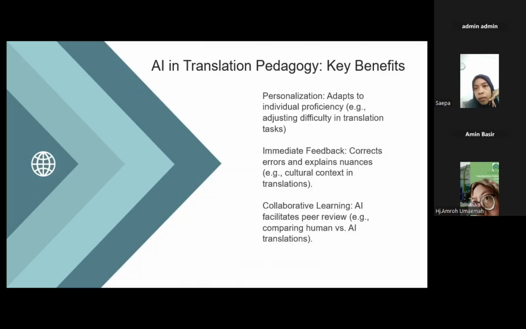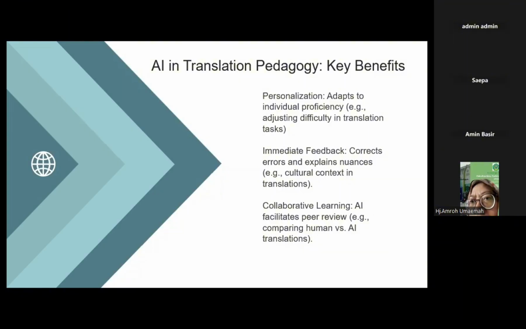Another example of a word, I've mentioned this before, is concrete. Concrete can mean real and wall. So you have to know what we are going to translate. Like if we're talking about concrete evidence, in bahasa Indonesia it means bukti nyata.